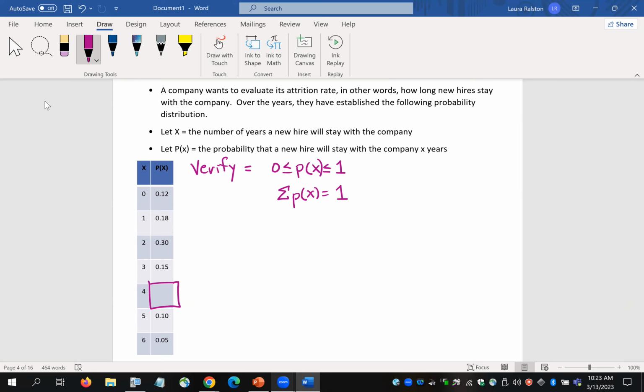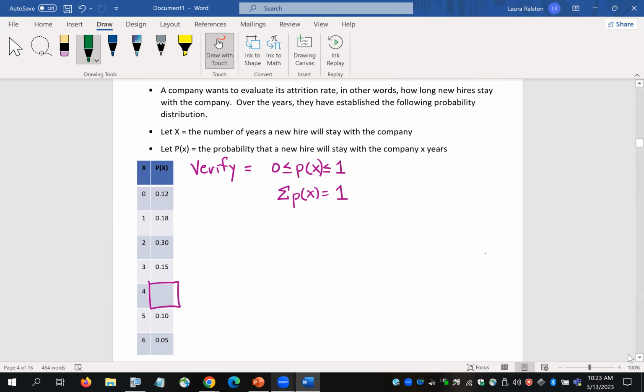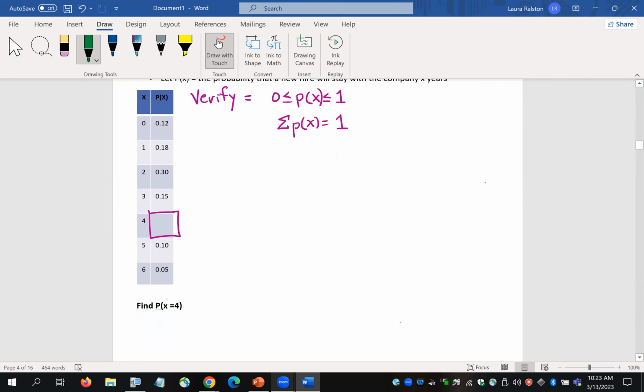But I do have enough information that I could find the probability of 4, which is really the first question that I'm asked. They want me to find the probability that X equals 4. Okay, so we know that this probability has to total to 1.